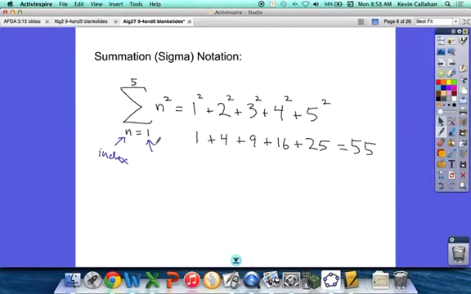The number that's on the bottom is called the lower limit. The number that's on the top is called the upper limit. And whatever is in there is a formula for the nth term.